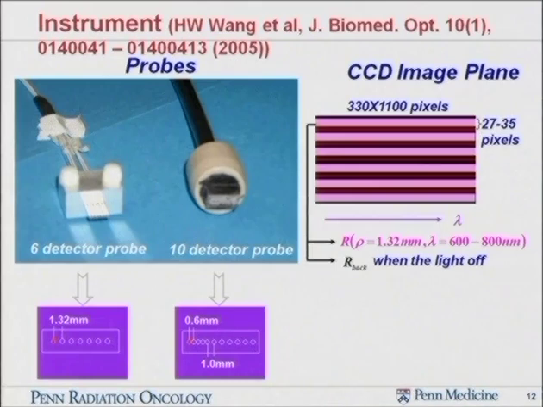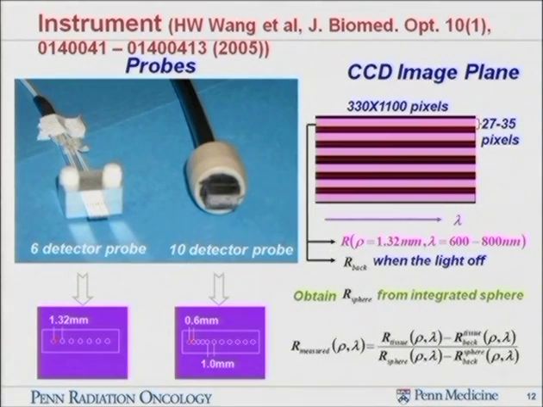And these are the early prototypes that we had been using before, mostly based on Xinwen Wang's work. So you basically can use an array of detectors and light sources at equal distances, in different early probes.